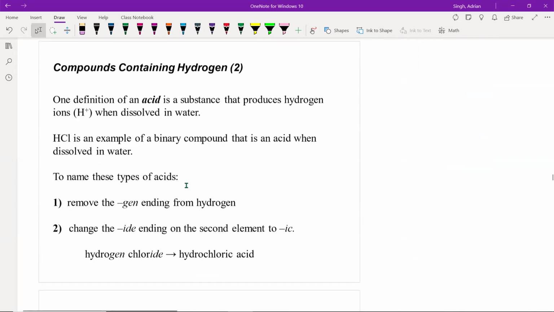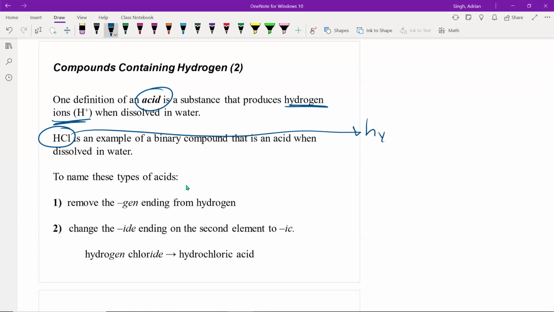Another case where we are going to take our systematic names and alter them a little bit is when we encounter covalent compounds that contain hydrogen, specifically when we're dealing with acids. Acids are things that are able to produce hydrogen ions, which are H pluses, when they are dissolved in water. A good example of this would be hydrogen chloride. HCl by itself has the common name hydrogen chloride.